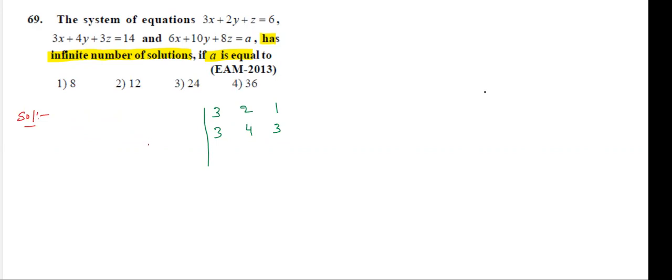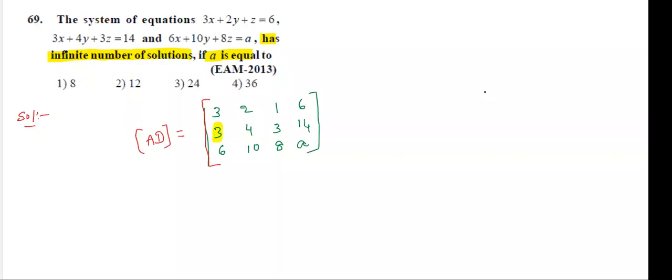So the augmented matrix AD is equal to this matrix: 3 2 1, 3 4 3, 6 10 8, and the constant matrix right here 6, 14, and this is A.